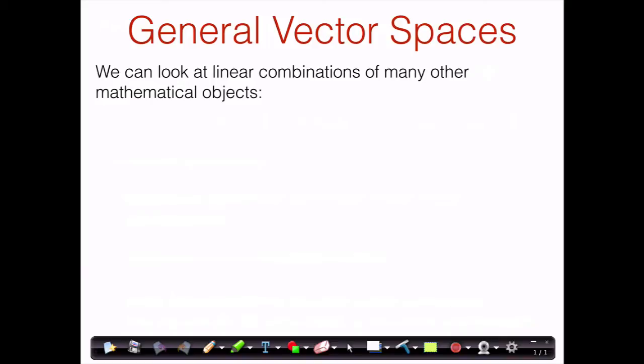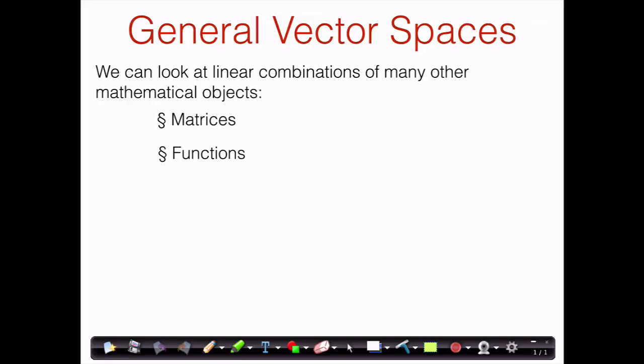We can look at linear combinations of many other kinds of mathematical objects. For example, we've already talked a little bit about taking linear combinations of matrices. We know that we can add matrices together, we know that we can multiply a matrix by a scalar, so we can also take linear combinations of matrices.